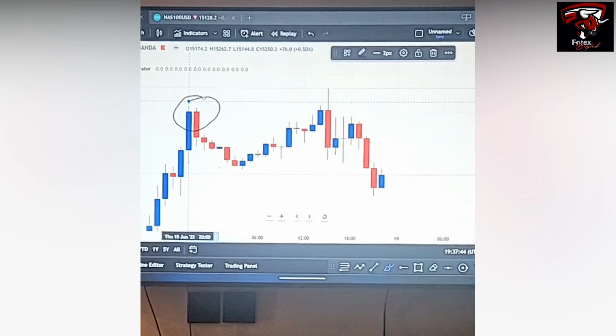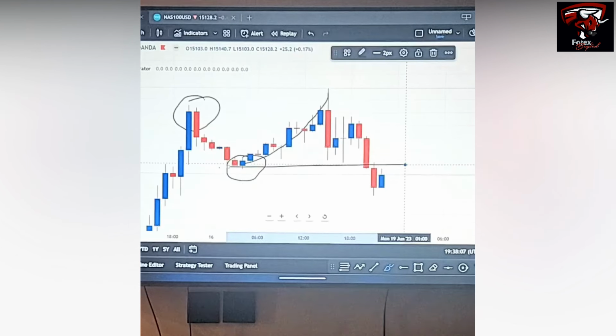They come and they purge that liquidity. So they're done going higher, right? Why? Because we've now got liquidity sitting over here. So this is where we get into a strategy. We're now going to get into a strategy to target this low.